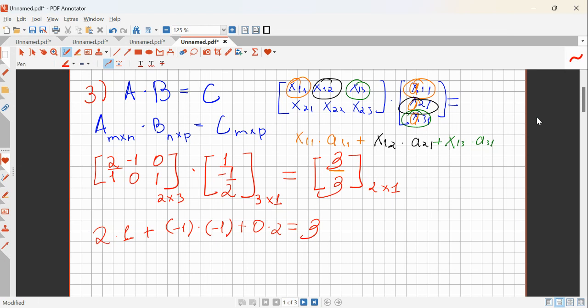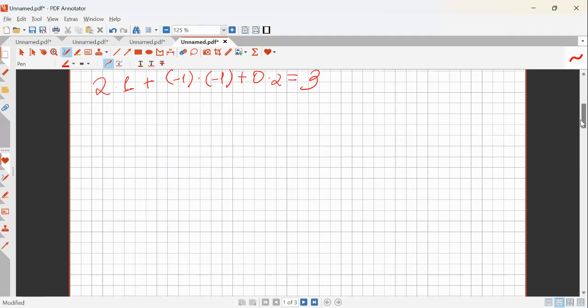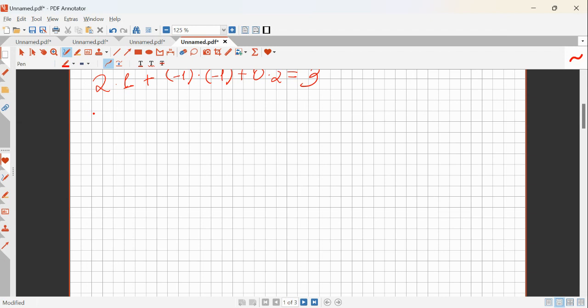One more example with another size. Let's say 3, 2, minus 1, 0, 1, 1 times, wait, 3 by 2. So it should be 2 by something, but let's say 2 again: 2, minus 1, 0, 1.